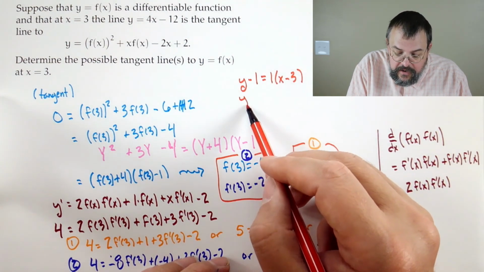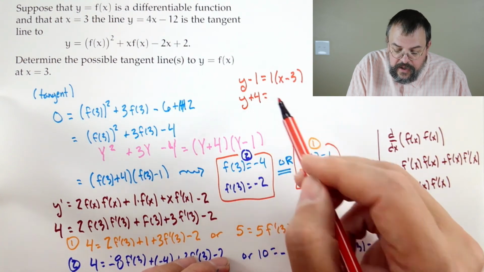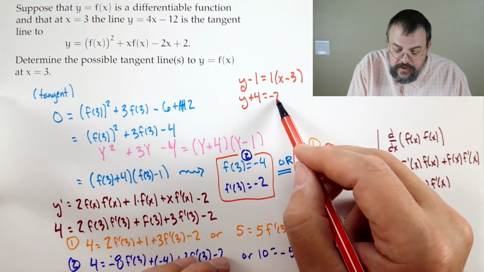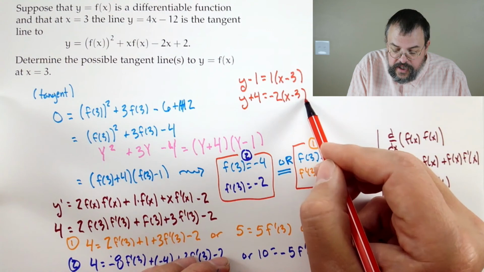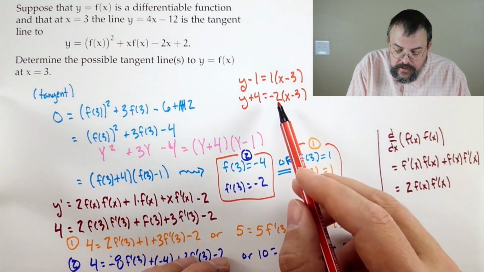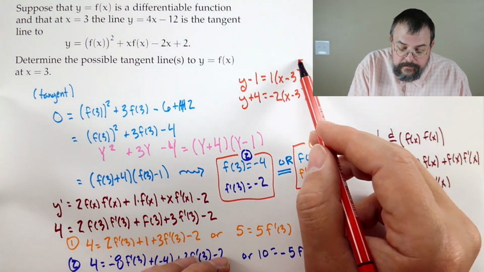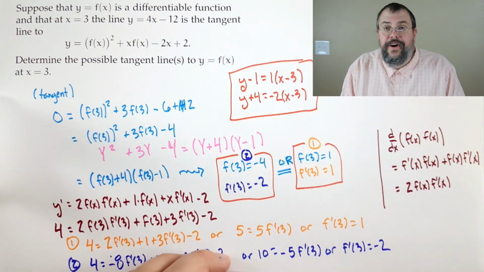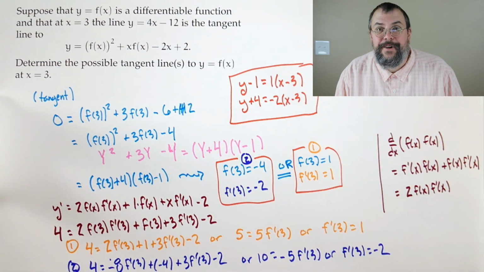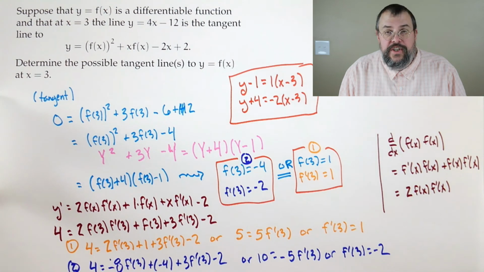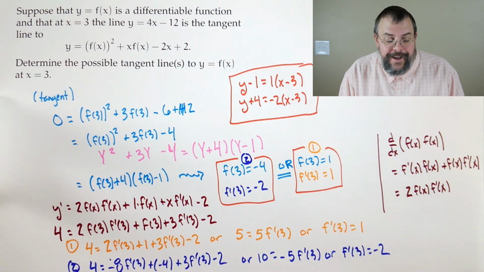Y minus minus 4, so I'll say y plus 4 is equal to our slope, negative 2 times x minus 3. So those are the two possible lines that can work. And without more information, we can't narrow it down further. But I'd say we've narrowed it down pretty far.